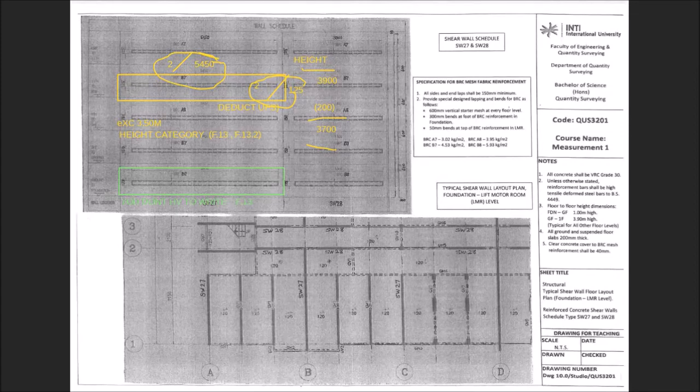Look at this, the height now is 3,700. So you have to write the category in the description, exceeding 3.5 meter. Okay, so this is the example for the homework.